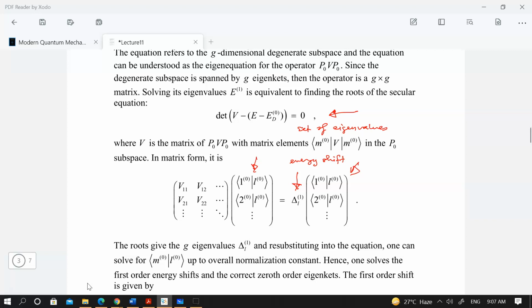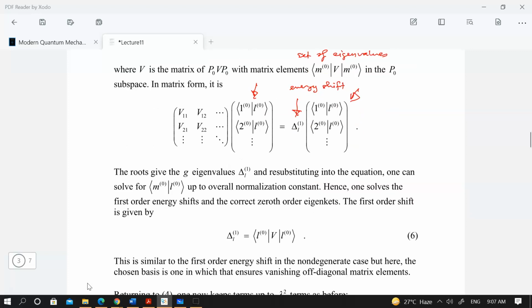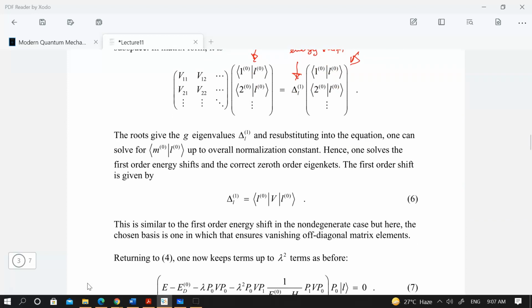And the first order shift is actually given by a similar formula to what you have seen in perturbation theory before, in the non-degenerate case, but over here it is simply for the degenerate subspace. Okay, and what we want is essentially to make sure that we use a different basis. Remember, the first basis that we used was m naught, and this corresponds to this part.